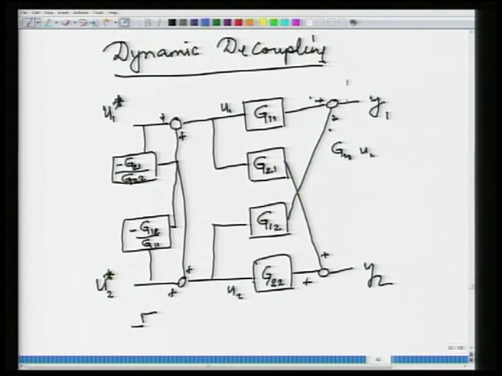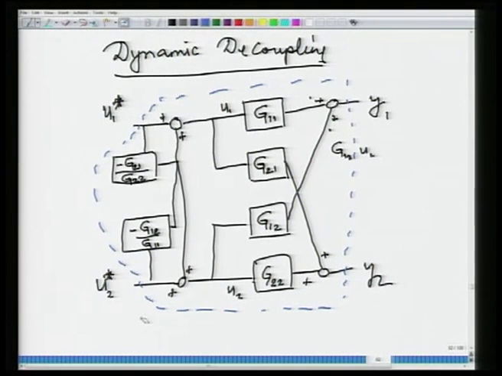Now, if you look at the input output behavior between u1 star and y1 and between u2 star and y2, if I go to the next page, there will be trouble. Let us just see if I can fit it in here.